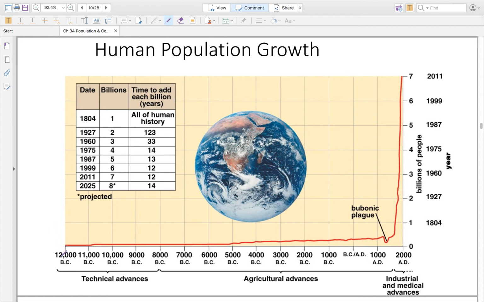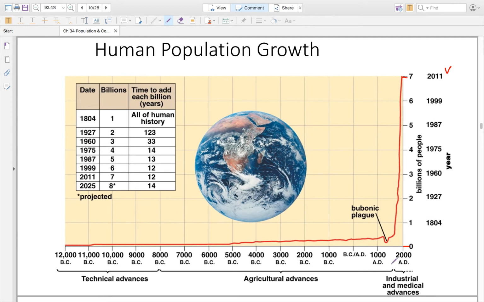The x-axis goes back to 12,000 BC, and then it wraps around to 2011. And then it's measuring in billions of people, from 0 billion to 7 billion, and this data again goes back to 2011, but it's still applicable.